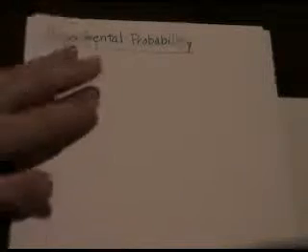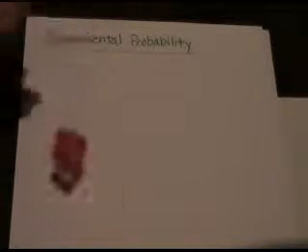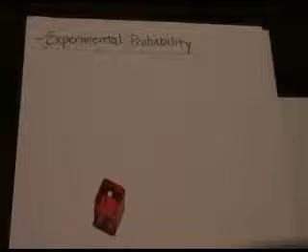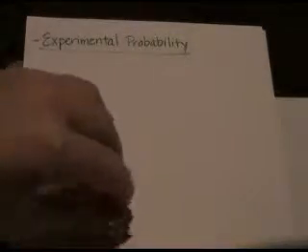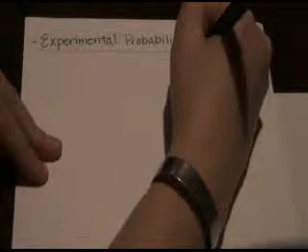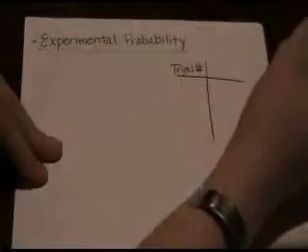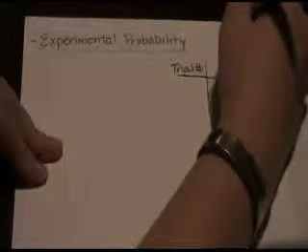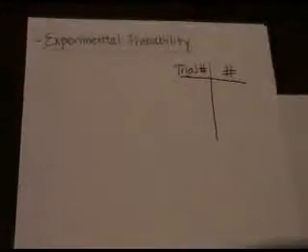Now, if we're going to run trials where we roll this die numerous times and record our results, we're going to need a table to help us out. So go ahead, set up a table on your paper. We could label one column the trial number to show which roll we're on, and the other one just number, so we can record what we got.